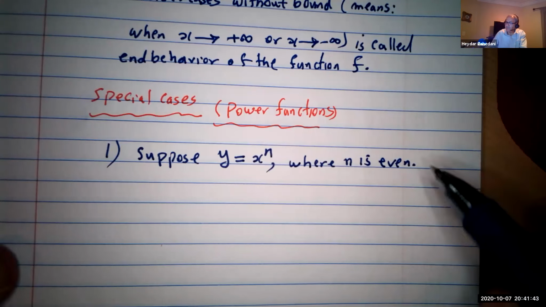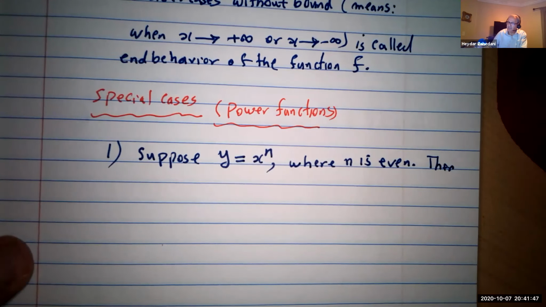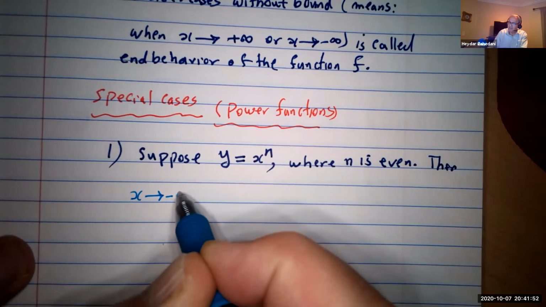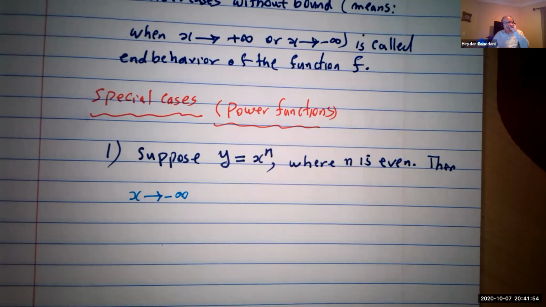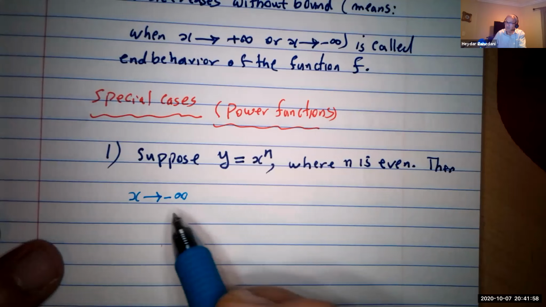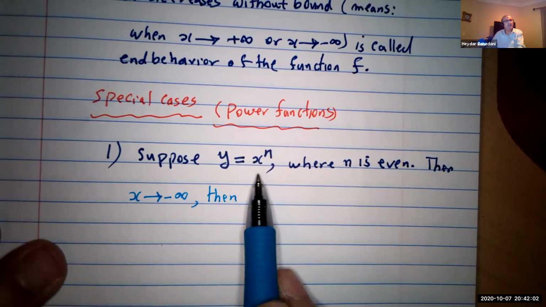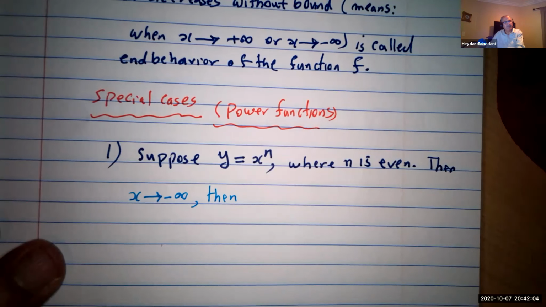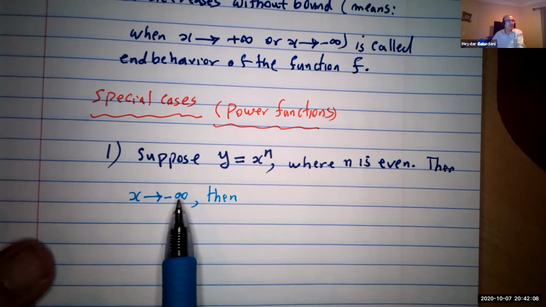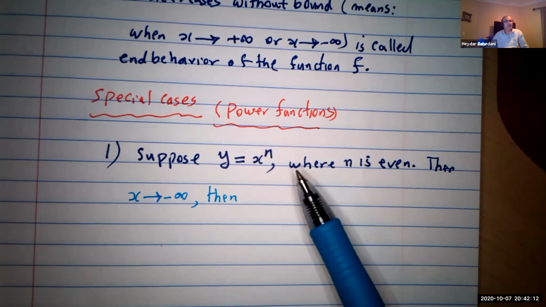Then this is what would happen. When x goes to negative infinity, which means x decreases without bound, look at y equal to x to the n. The number is increasing in size, and if you square it, that would be worse.